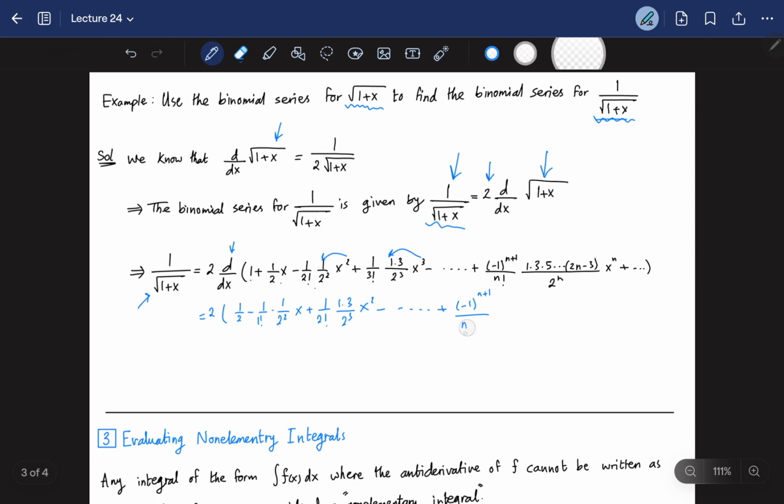Now, similarly here, since I'm taking the derivative, I'm going to take the n down, and it would cancel with one of the n's here. So I'm going to have n minus 1 factorial, 1 times 3 times 5, up to 2n minus 3, over 2 to the n, x to the n minus 1, up to infinity.